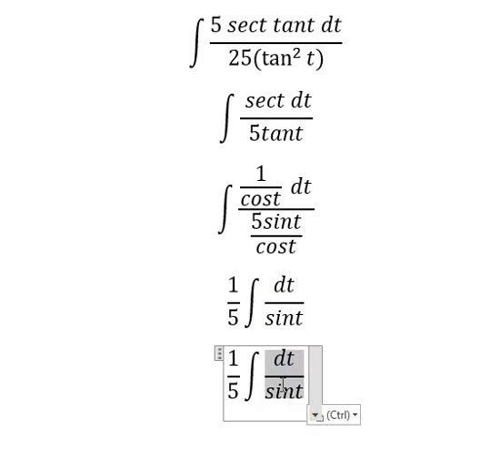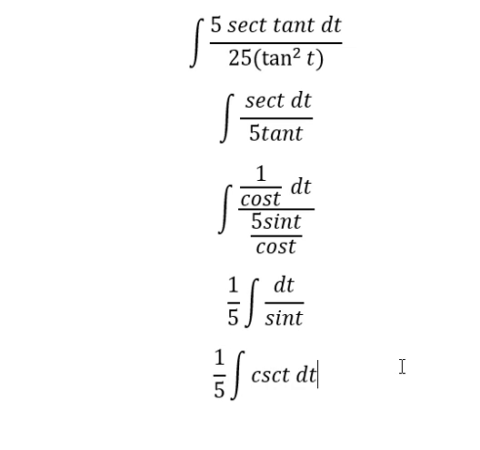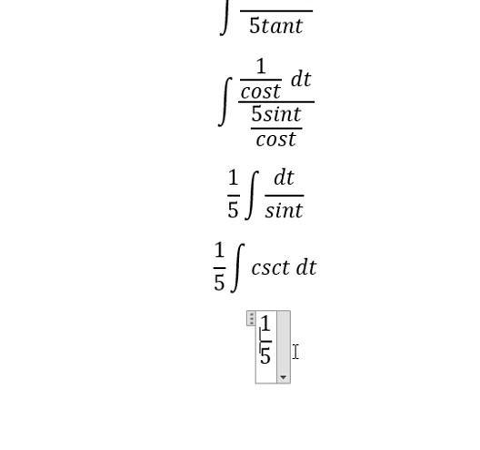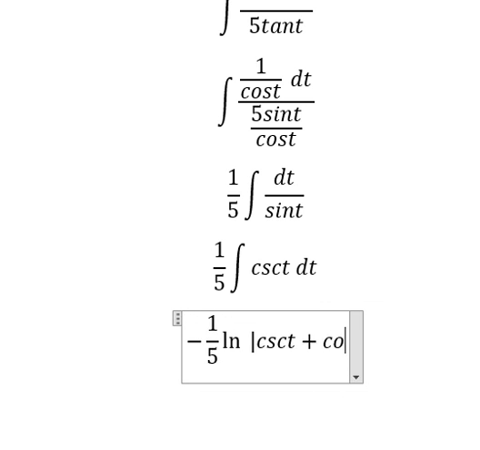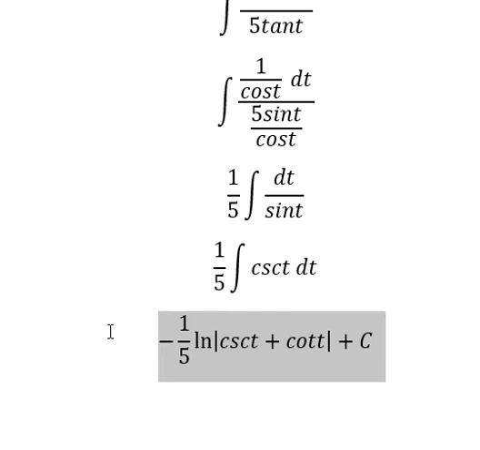This one is cosecant of t dt. The integration of this one, we have negative ln of the absolute value of cosecant of t plus cotan t, and I will put c.